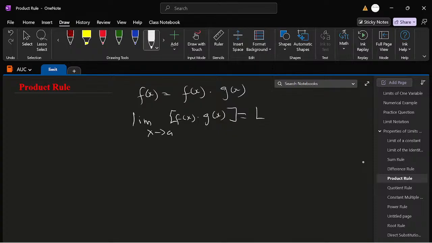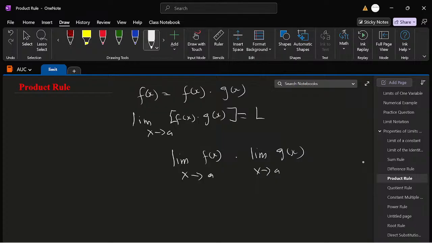Okay, so you can separate them as well. This will be the limit as x approaches a of f of x, multiplied by the limit as x approaches a of g of x. Okay, so you can do this.